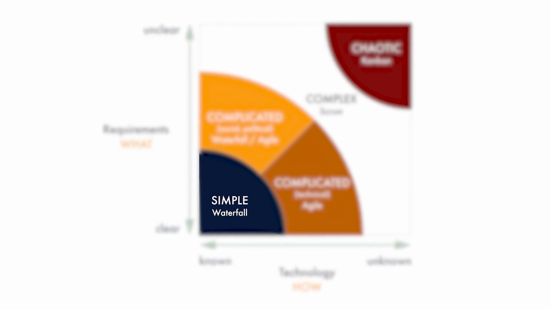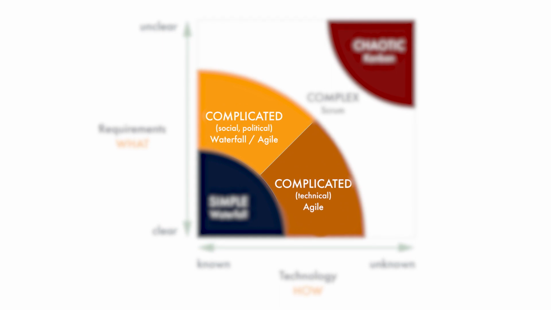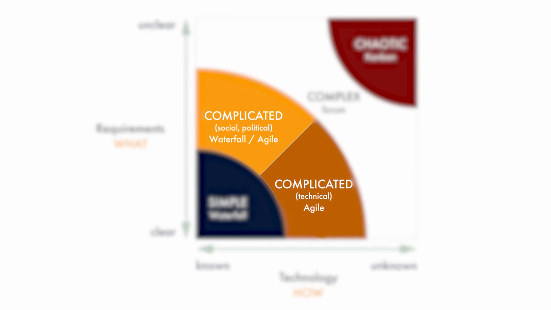That's often where traditional waterfall project management and styles of development sit, because we're really clear and none of the requirements are changing throughout. You move into a complicated place where it doesn't change quite as much, but there are still some complications about what it is and how we're going to achieve it.